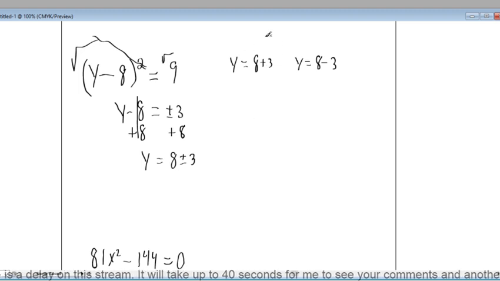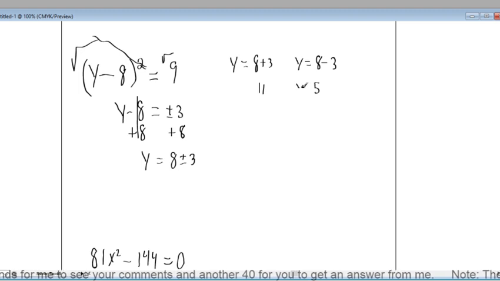So 8 plus 3, that's going to be 11. And 8 minus 3, that's going to be 5. So y could be equal to 11, or it could be equal to 5.